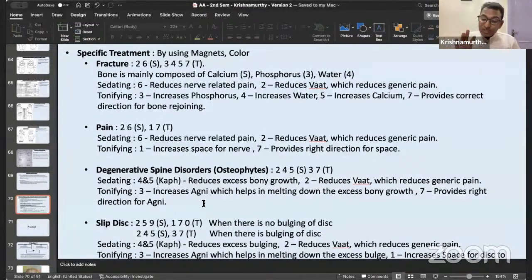So don't get confused. Whenever you increase the fire, it is not necessary that Vat will always increase. Fire is present in what? Pitta. So just because you increase fire, Vat will not increase.